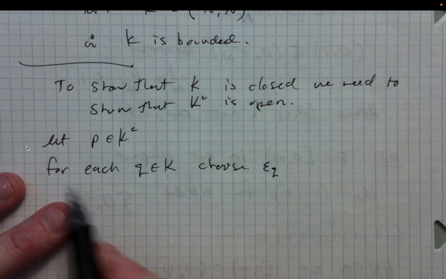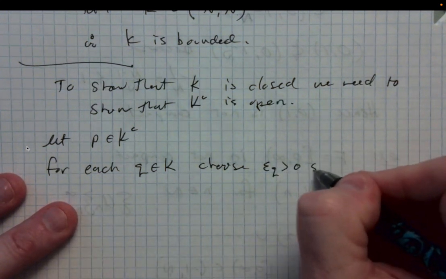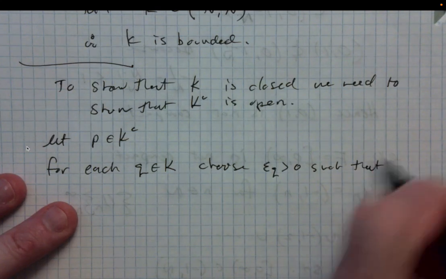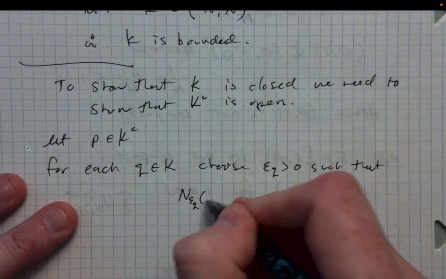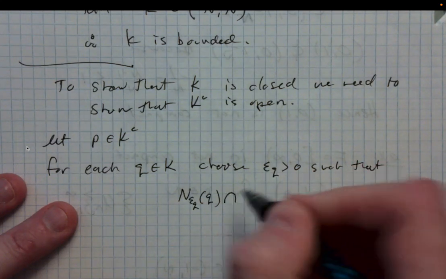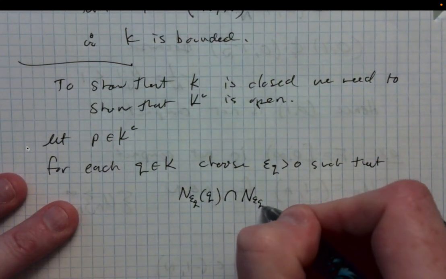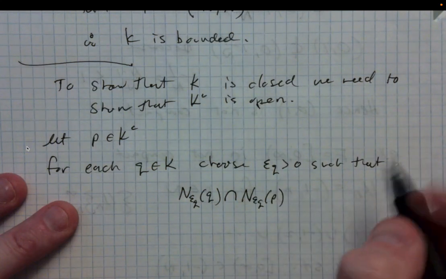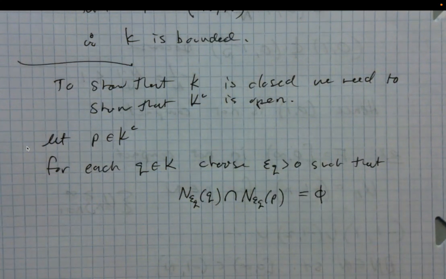So for each Q in K, let's choose epsilon Q greater than 0, and we'll choose it such that the epsilon Q neighborhood of Q and the epsilon Q neighborhood of P is empty. We can obviously do this, because Q is in K and P is in K complement, so it's clearly possible.